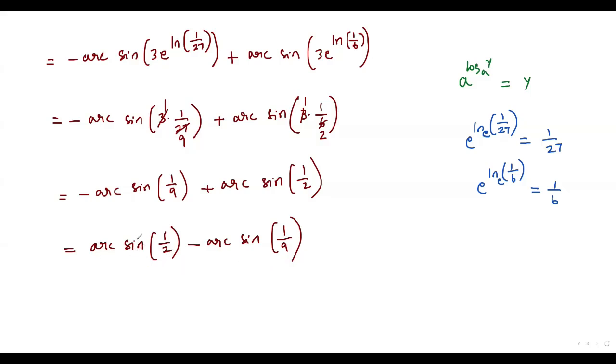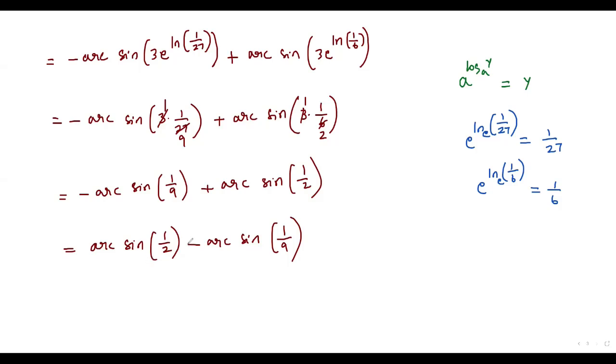Now we can evaluate the value of this expression using a calculator. Here we have inverse trigonometric functions, arc sine over here and arc sine over here. When we evaluate an expression which contains inverse trigonometric functions, we have to make sure that our calculator is in radians mode. Usually our calculator will be in degrees mode by default. If you keep your calculator in degrees mode and evaluate an expression which contains an inverse trigonometric function, the value you get will be in degrees.